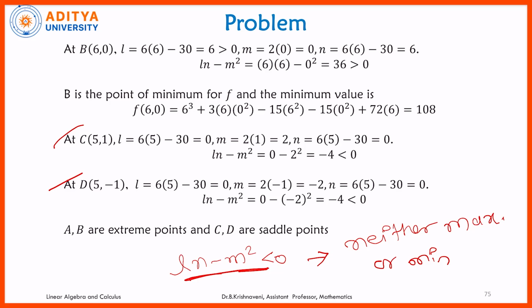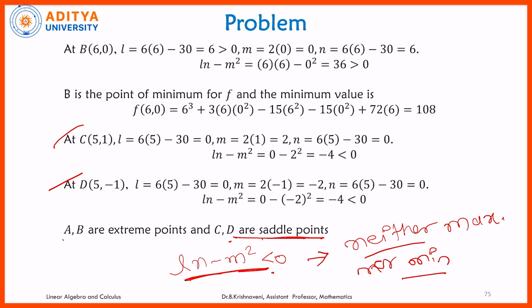So whenever LN minus M square is less than 0 at a point, the function has no maximum or minimum at that point, and we call such points saddle points. Hence at C and D, that is (5, 1) and (5, minus 1), we get the condition LN minus M square less than 0, for which the function has neither maximum nor minimum. Therefore, we call the points C and D saddle points.